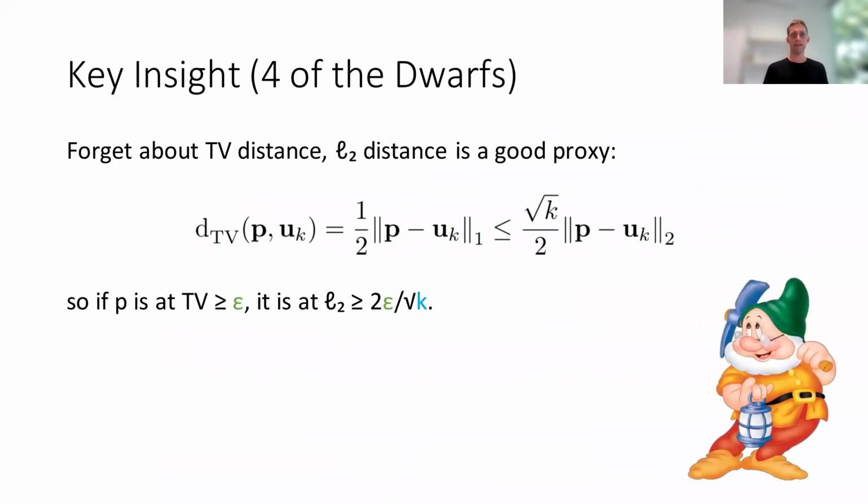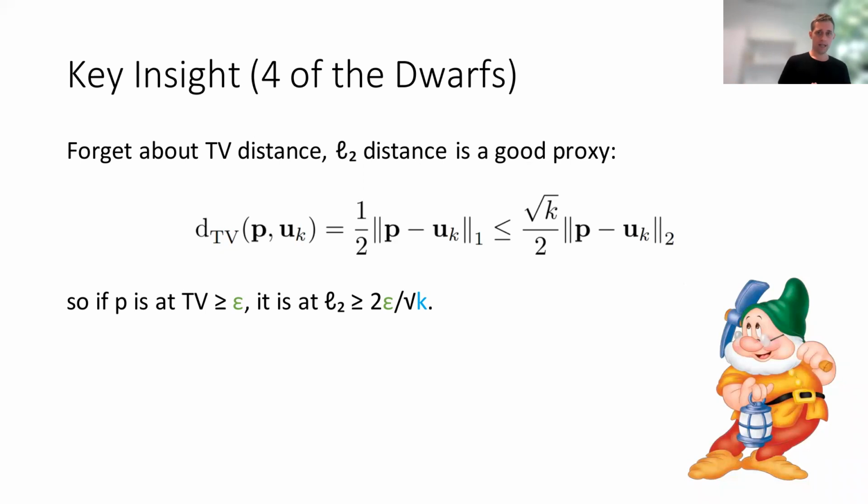So there's one key insight, and that's a very important one. TV distance is L1 distance, right? It's half of the L1 distance. L2 distance by itself is not a very good way to look at distances between distributions, because it doesn't satisfy a lot of nice properties like post-processing, but it's a good proxy.